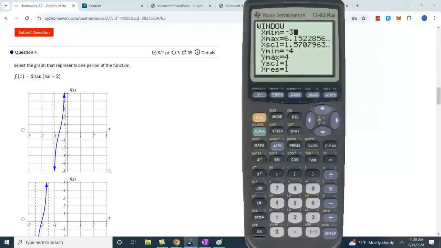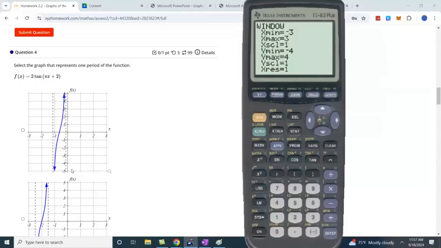So I put in -3 for my smallest value on my x-axis. For my x max, I'm going to put +3. Where it says x scale, that's just simply the scale for x, and this scale is going by ones, right? 1, 2, 3, and then -1, -2, -3. So my x scale is 1.